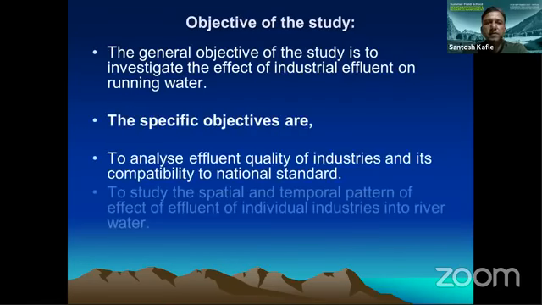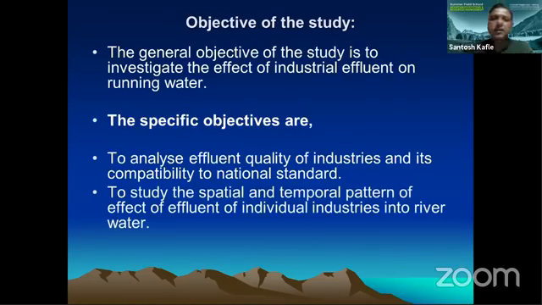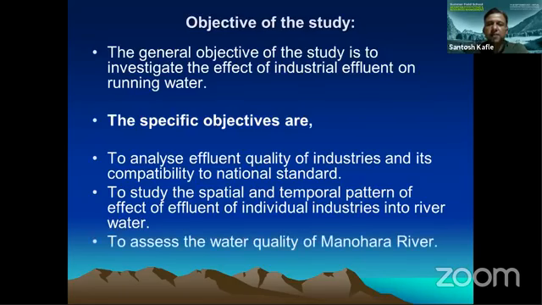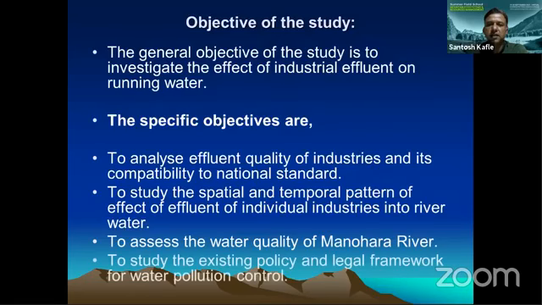The basic objective of the study was to analyze the effluent quality of industry, to study the water quality parameters and their pattern spatially in different locations and in two seasons, to assess the water quality of Manohara River, and to compare the parameter values against the legal framework.